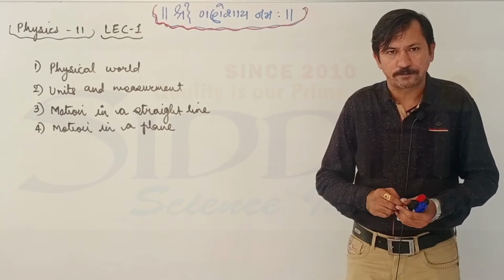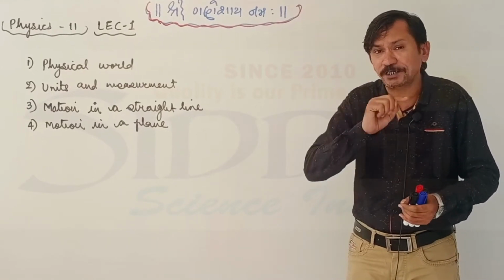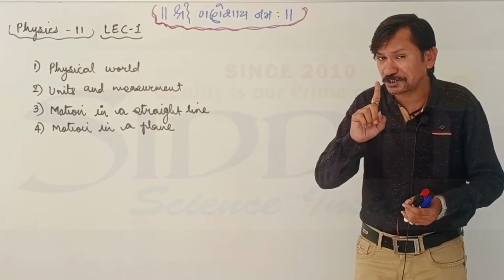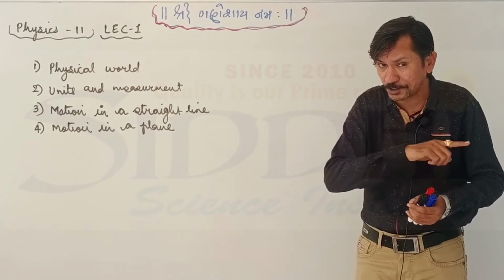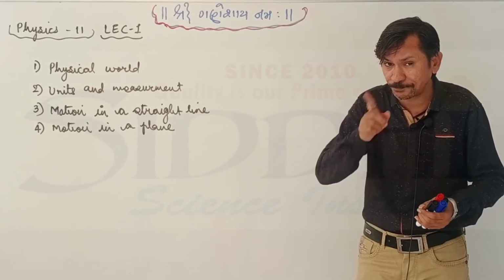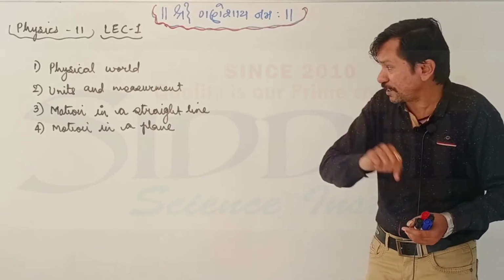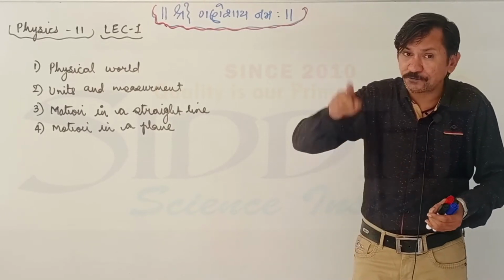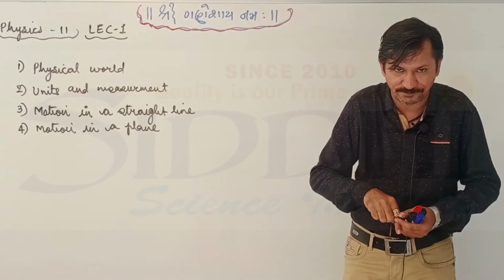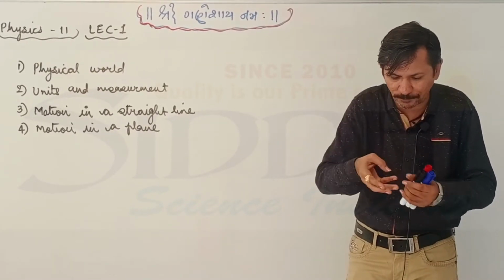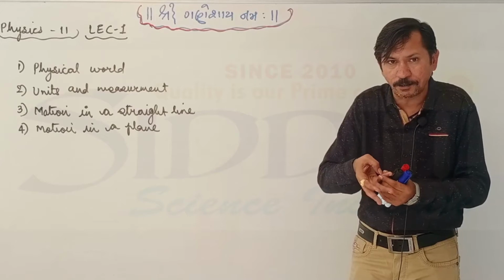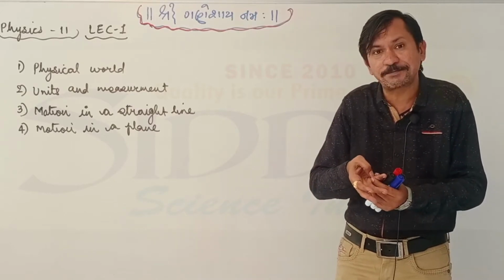When an object moves along a straight path, it doesn't change the direction during the period of motion. It is called motion in a straight line. It means one dimensional motion. You know these types of motion: one dimensional motion, two dimensional motion, three dimensional motion.